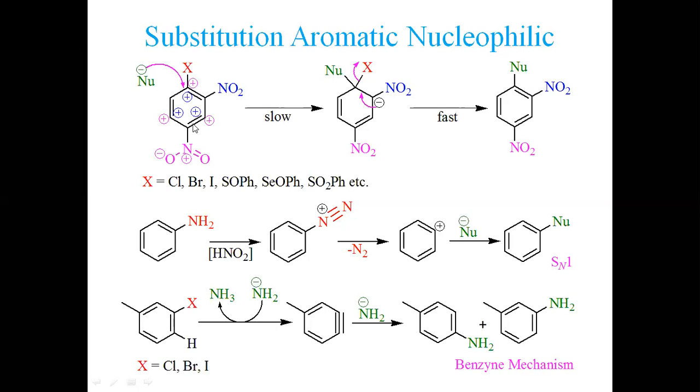Now you can see this is second order kinetics. It depends upon the concentration of the aromatic substrate as well as the nucleophile. So it is second order, similar to the arenium ion mechanism, but it is not generating a carbocation or arenium ion. It is generating a carbanion in fact, and it is not reacting with an electrophile.